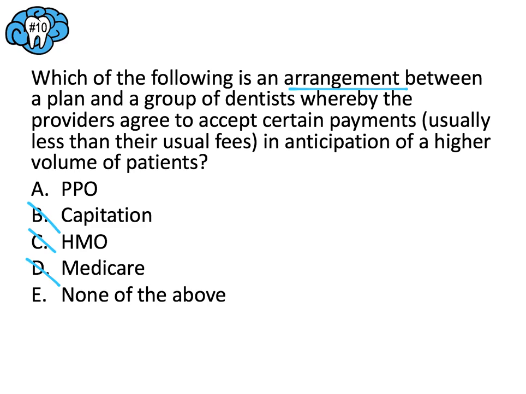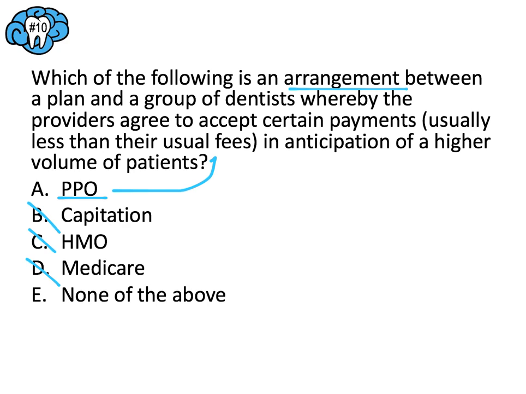The only correct answer is PPO, which from the red text in our insurance video is a panel of providers that agree to accept less than usual fees in exchange for a higher volume of patients. And that's because the subscribers to this plan have a financial incentive to use providers from this panel.